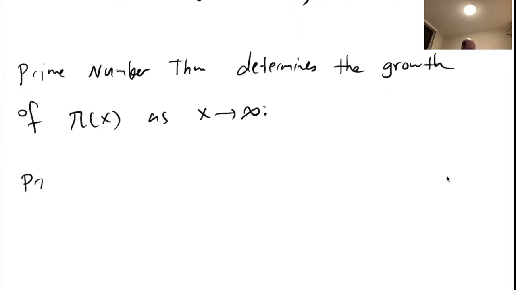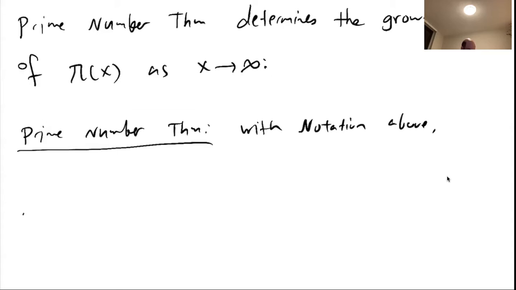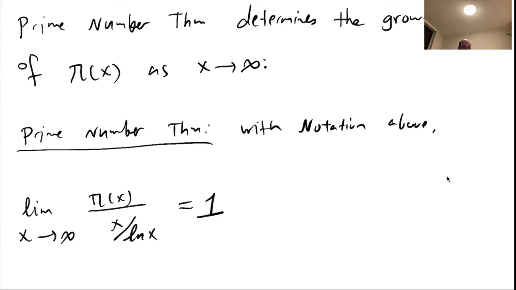So prime number theorem says that with notation above, we can say that limit of pi of x divided by x over ln x, as x goes to infinity, is equal to 1.